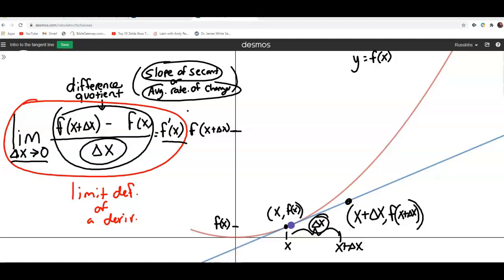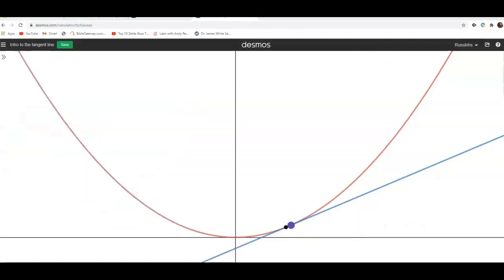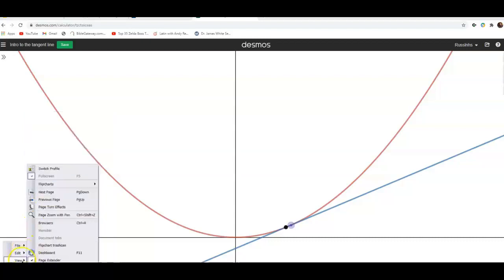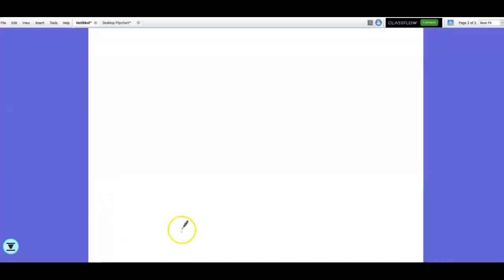Now, what we're going to be doing for the rest of the day is we're going to be finding some slopes, some derivatives, but we're not going to use our old shortcuts that we know. Instead, we're going to use the limit definition of a derivative. So let's go ahead and begin here.